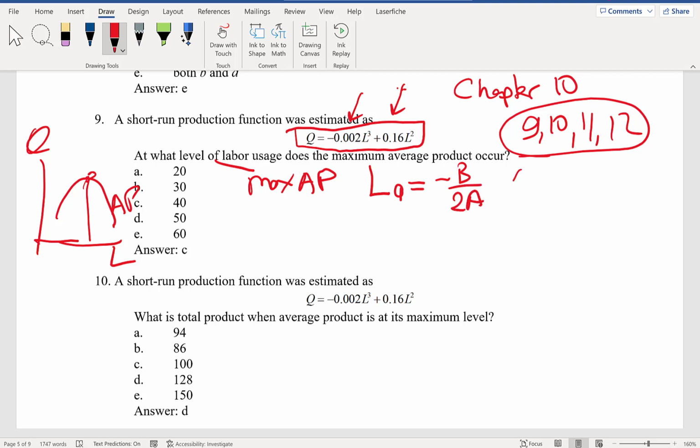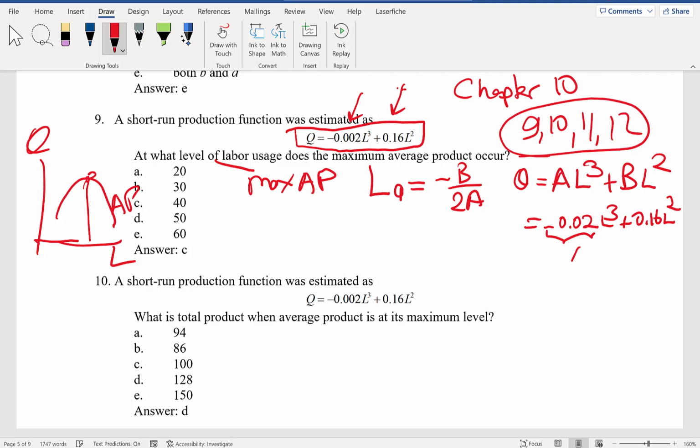Let's write the cubic short-run production function. If we rewrite based on this, negative 0.02 L raised to power 3 plus 0.16 L raised to power 2.